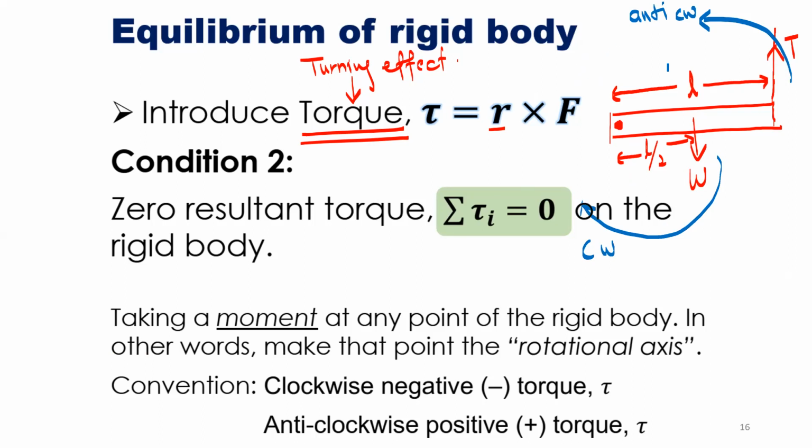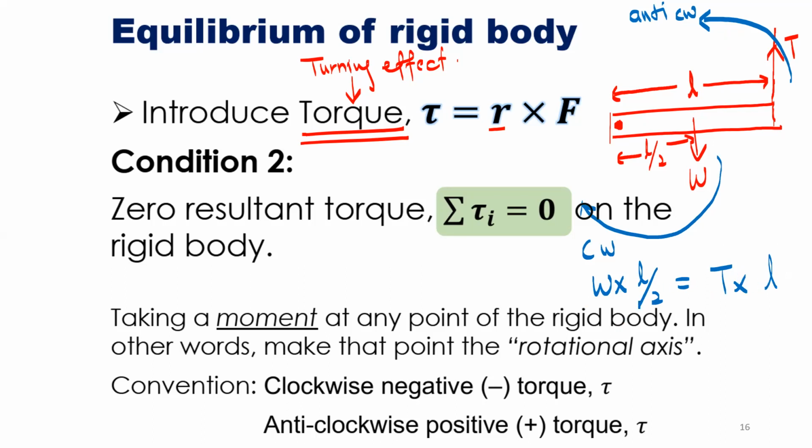So if we say the resultant torque, which is the product of the weight and its perpendicular distance, is equivalent to the product of the tension and its perpendicular distance from the pivot.